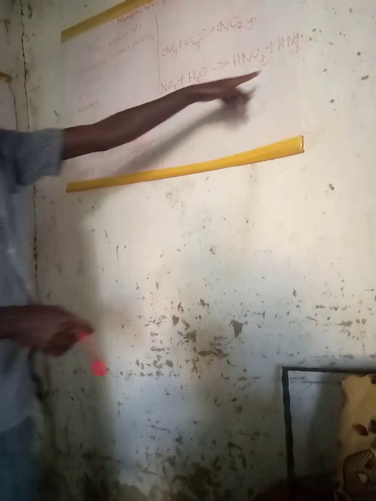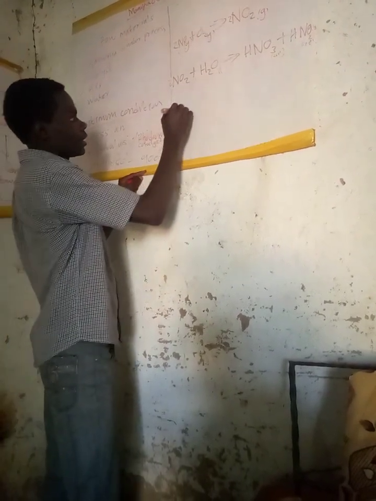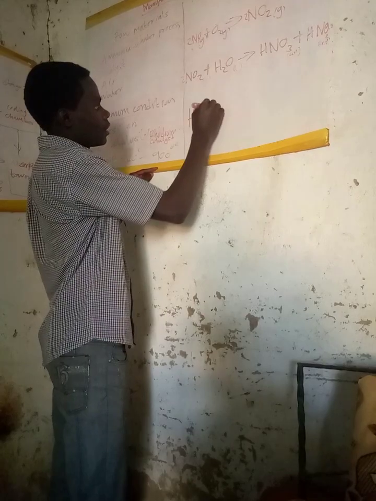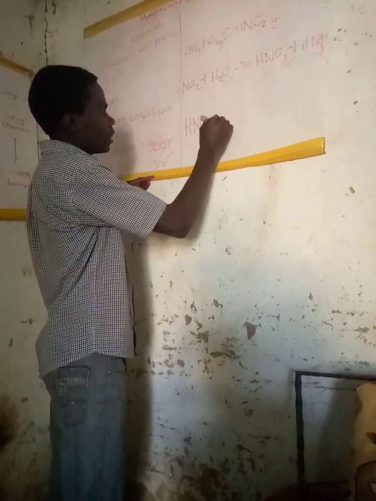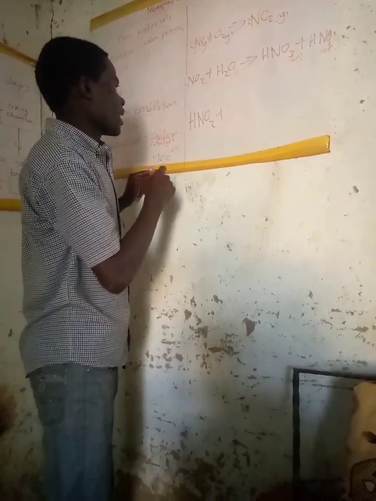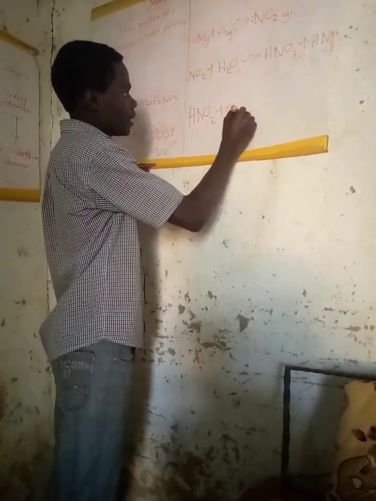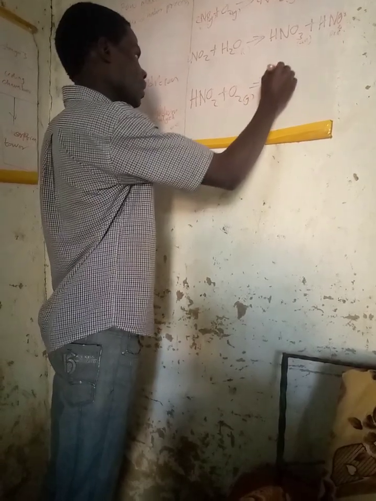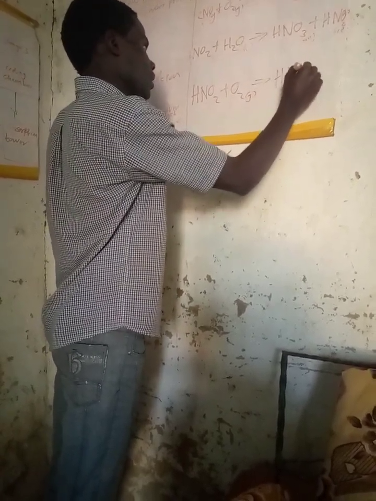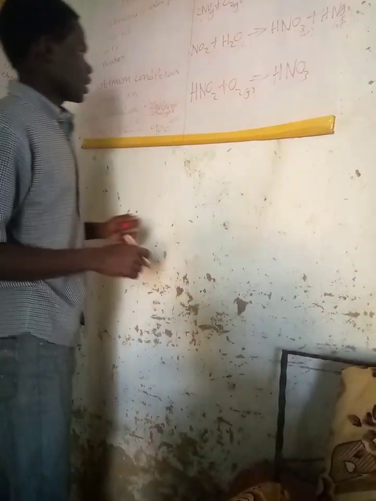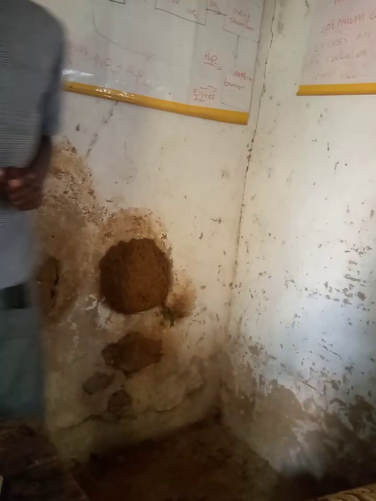So this nitrous acid, we are adding in excess air which is oxygen to form nitric 5 acid. So that is the equation.